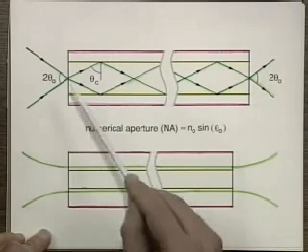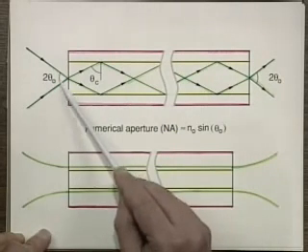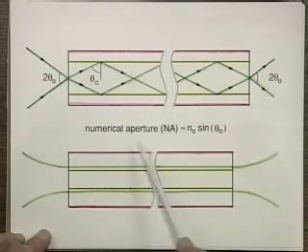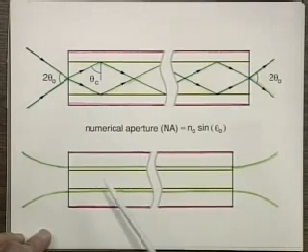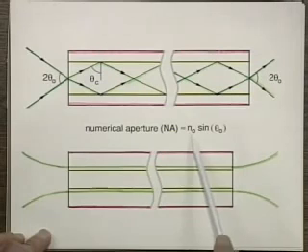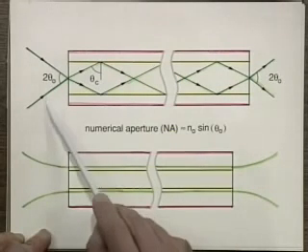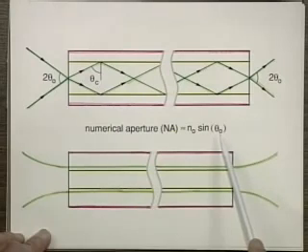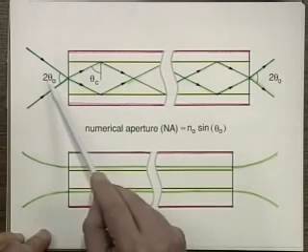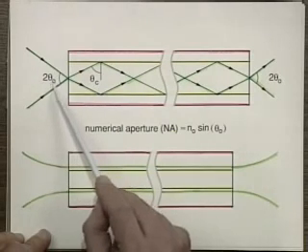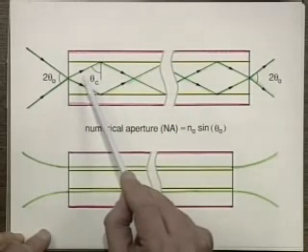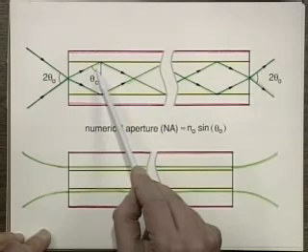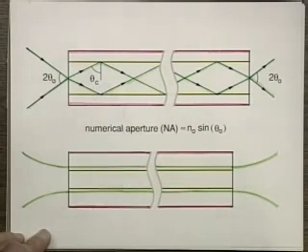Now, for the light that is within this cone, and by the way, this cone is referred to as the numerical aperture, NA, for the fiber, and NA is basically n0, the refractive index of air or vacuum outside, times sine theta 0. And theta 0 is half this angle here, which is determined by the index difference and so on, to get the angle to be bigger than the critical angle.